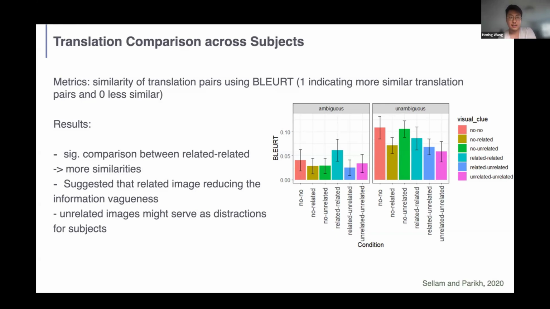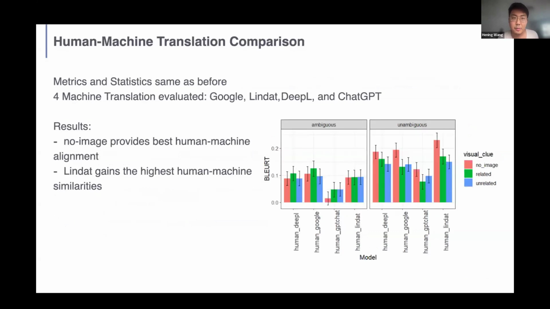That suggests that there is more similarity of updating and outcome in that condition. That would indicate that a related image could reduce the information vagueness. And also we find, although the statistics are not significant, that we hypothesize that unrelated images might serve as distractions for subjects.